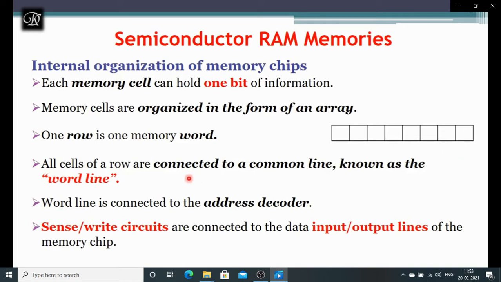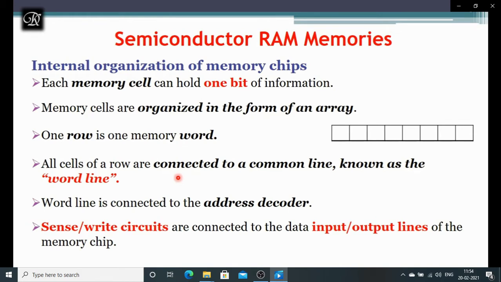Similarly, here we connect the beginning to a word line, and each individual word line is connected to the address decoder. The address decoder's job is to divide the given address into two parts: one to recognize the word line, and the second to recognize the byte inside the word line. Whatever address it gets, it first has to recognize the word, and only then can it find the respective bytes inside.